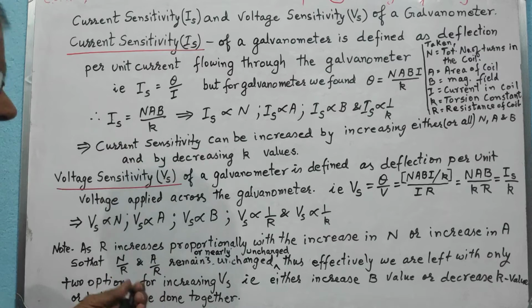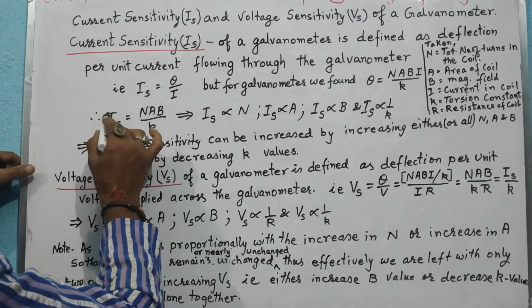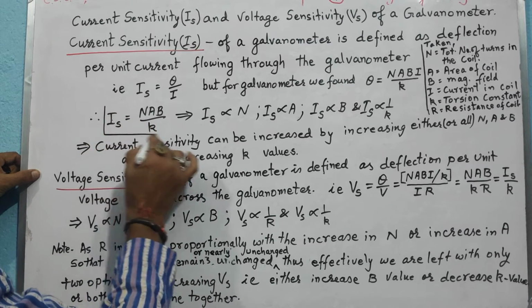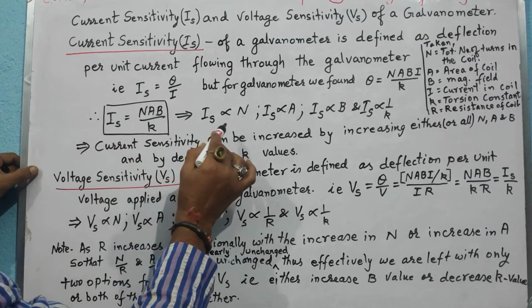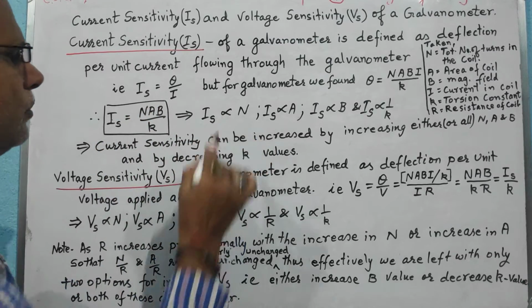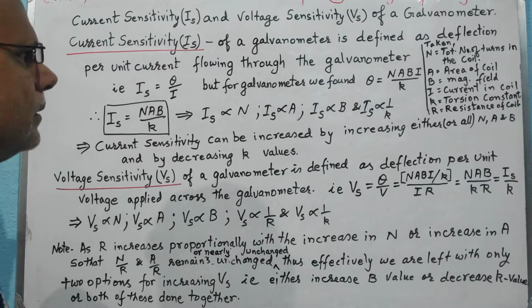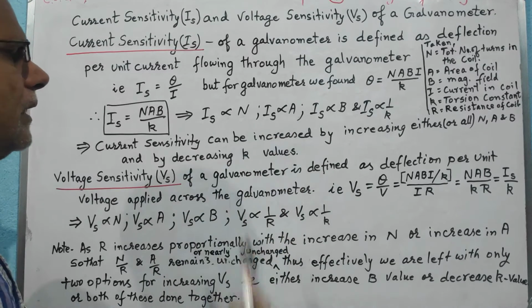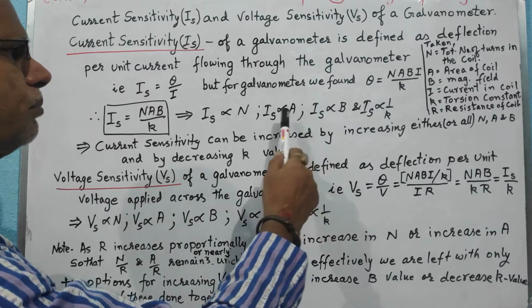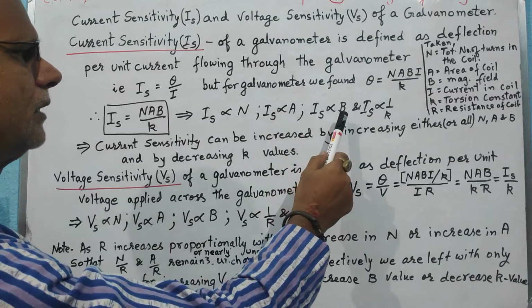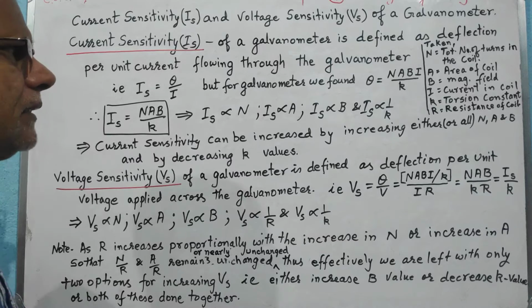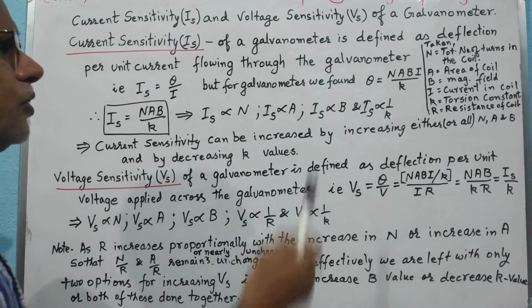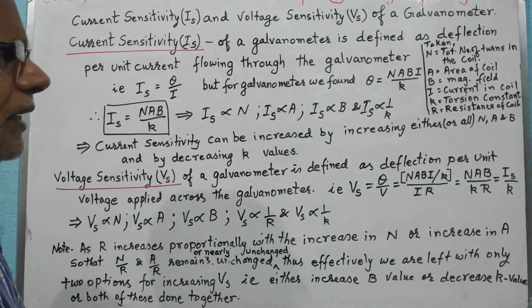From this relation what you see is that current sensitivity is proportional to the total number of turns in the coil, proportional to the cross-sectional area of the coil, proportional to the magnetic field produced by the magnets, and inversely proportional to the torsion constant of the wire.